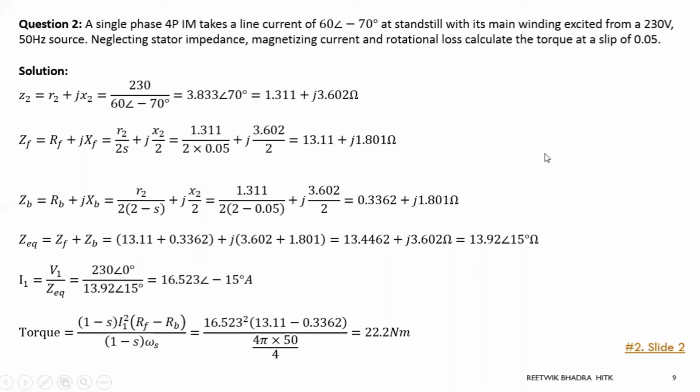So they have specified some specific conditions. You have to neglect your stator impedance, your magnetizing current, and your rotational losses. So what will be my approach? If you recall your facts over here, I am showing this formula only, torque.